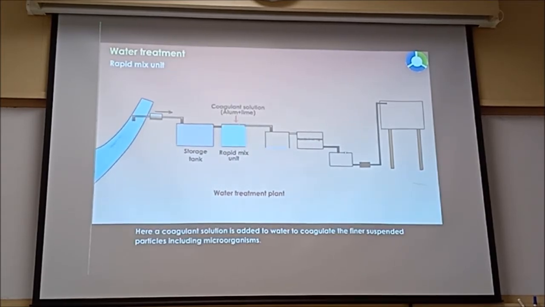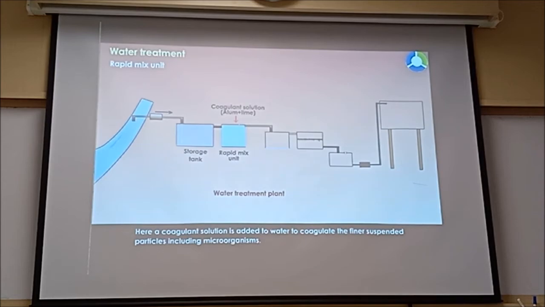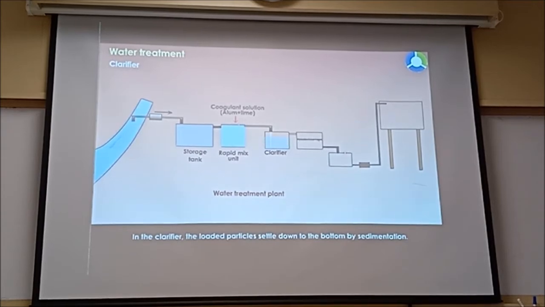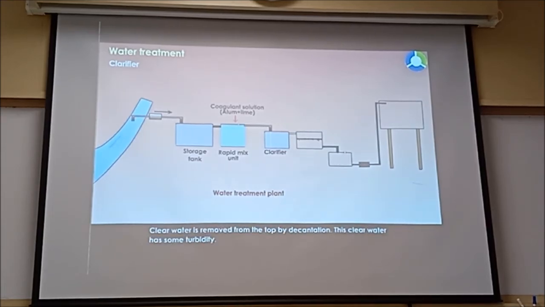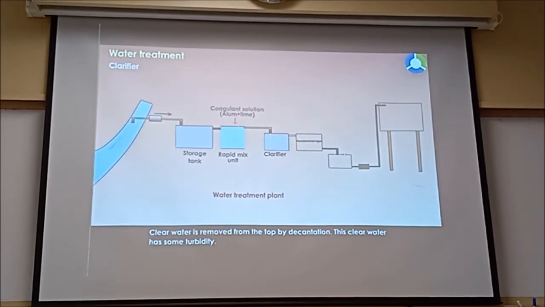Here, a coagulant solution is added to water to coagulate the finer suspended particles, including microorganisms. Clarifier. In the clarifier, the loaded particles settle down to the bottom by sedimentation. Clear water is removed from the top by decantation. This clear water has some turbidity.